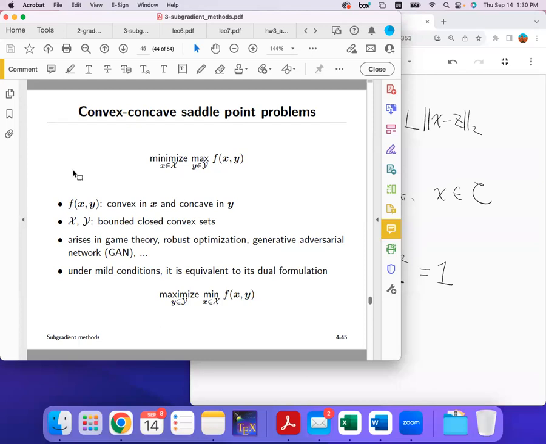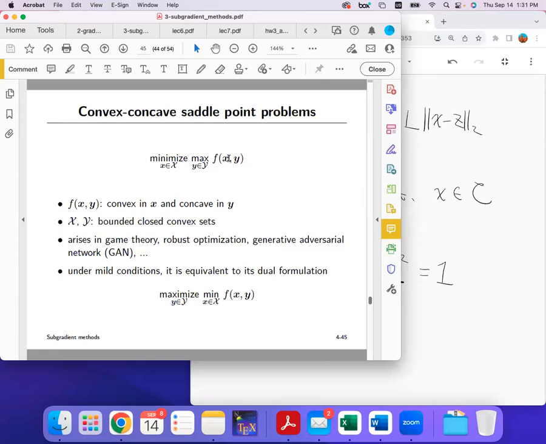It has different formulations, but here we focus on one class of these problems. We assume this function is convex in x and concave in y. Meaning that for every fixed y, f(x, y) is a convex function in x. For every fixed x, it is a concave function in y. And you can see the symmetry between these two, right?